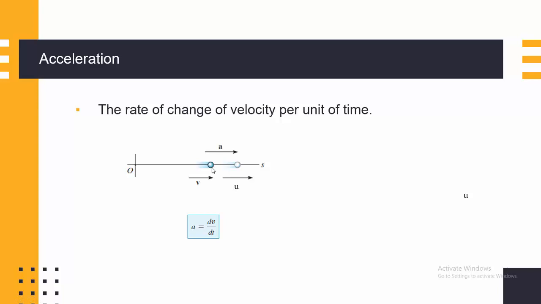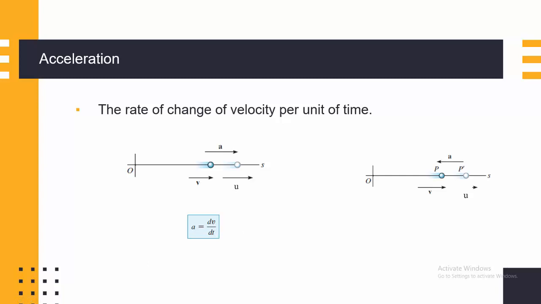That rate of change of velocity is called acceleration. If the acceleration is high, then the increase in velocity will be high. If the acceleration is low, then the increase in velocity will be slow. So a is equal to dv by dt.